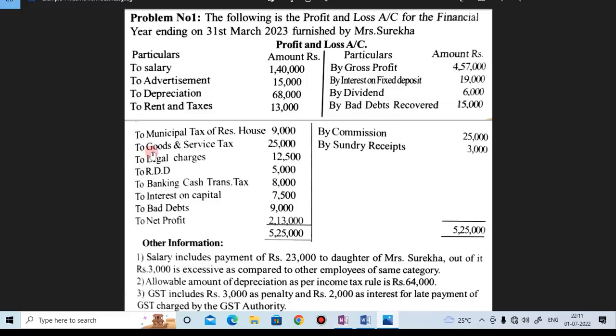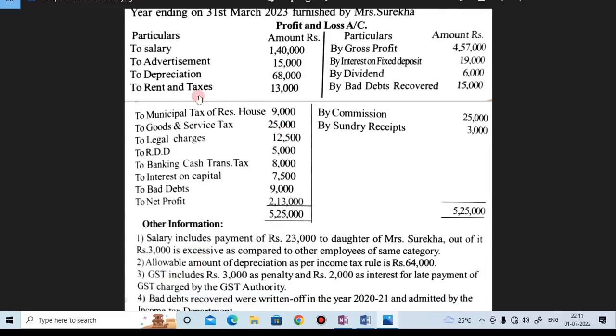Next after that is goods and service tax, 25,000. GST is paid for the business. Now there is some additional information given on GST.